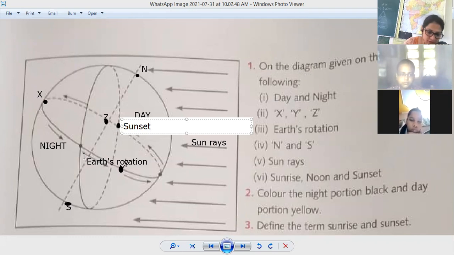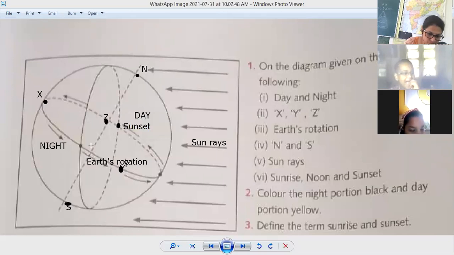And now here, at this point, look at here. Write down sunset. Here is sunset and here is sunrise. Now the earth moves from west to east. Here is sunrise.